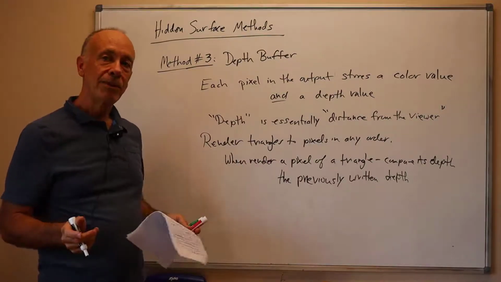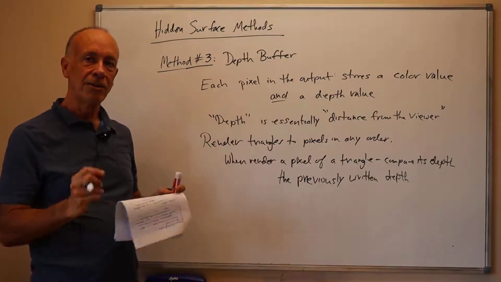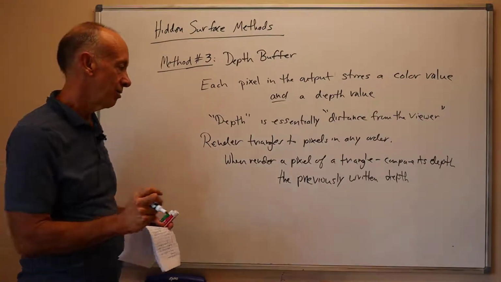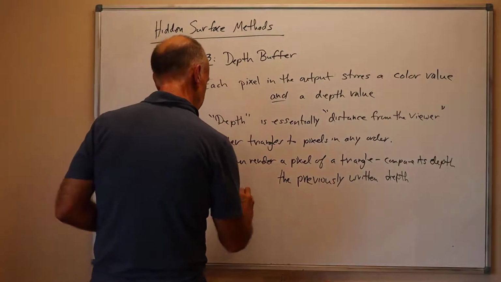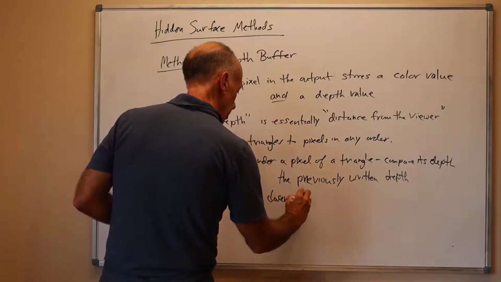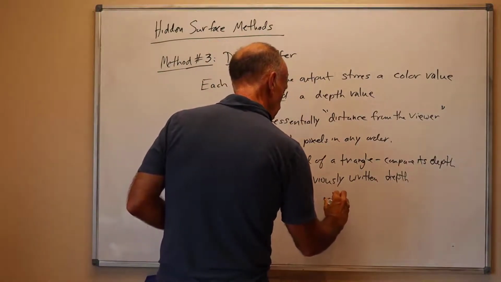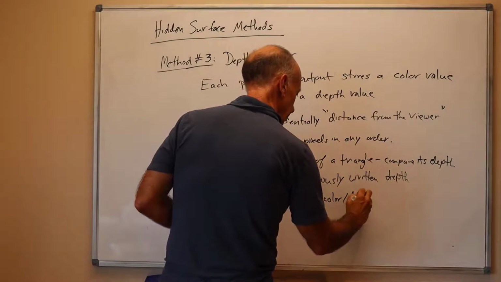Otherwise, we keep the old color and depth values because that old value came from a triangle that's hiding this pixel of this triangle. And we keep the closer pixel color and depth values.